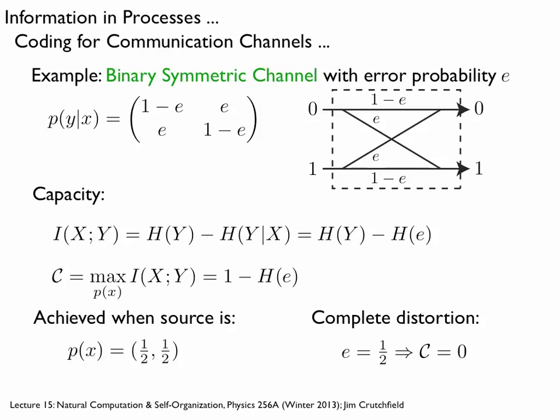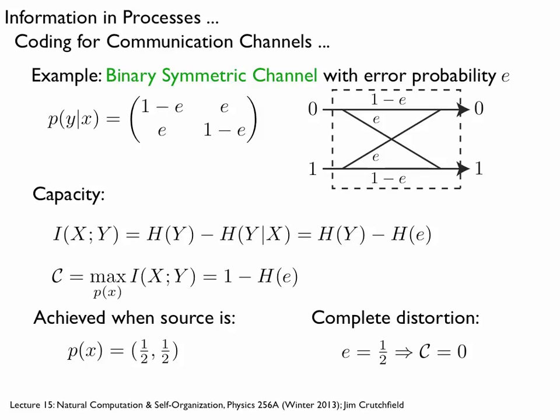So here is a binary symmetric channel. There's a certain error probability e. If a 0 comes in, the channel flips a coin with probability e, and it makes a mistake. If a 1 comes in, with probability e, it makes a mistake. So for the capacity, we need to calculate the mutual information.